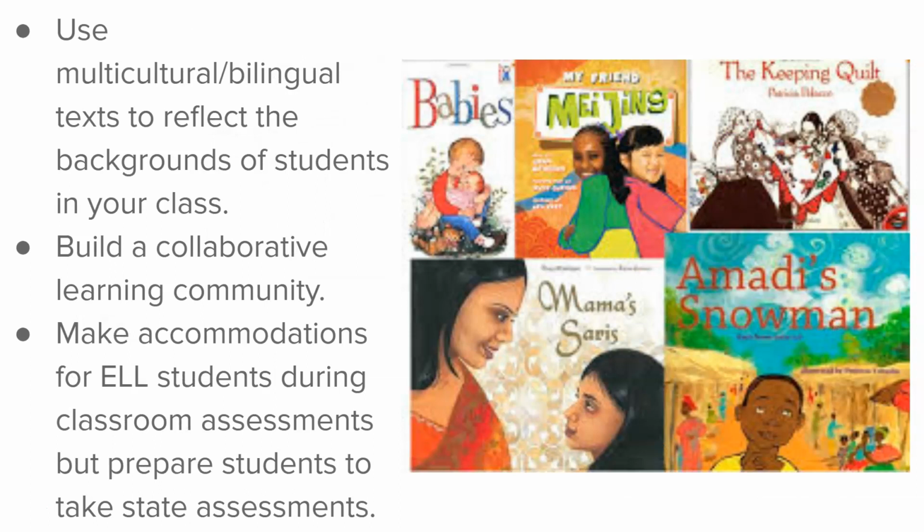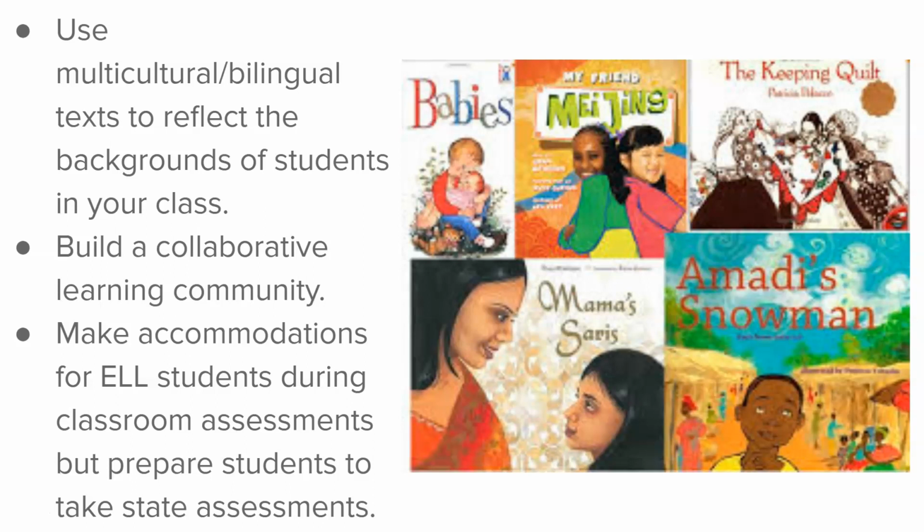Okay. This next slide is quickly dedicated to culturally responsive teaching. Since we just learned about culturally responsive teaching last week, you want to make sure that your students are represented in your class. So you're going to use multicultural and bilingual text. That is not easy to do. Books are very expensive, so you probably would want to partner with some type of book club where you share books with your local library, with your school library, because it's important that students are represented in your classroom.